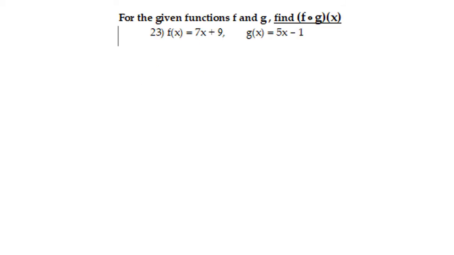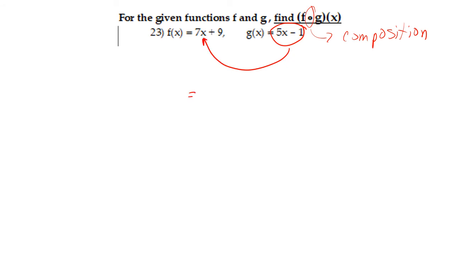Now in this, if you remember, this symbol with a little circle means composition. Composition simply means we are substituting. Whatever function is mentioned second, which is the g, we will take those terms and substitute it into the x of the first function.